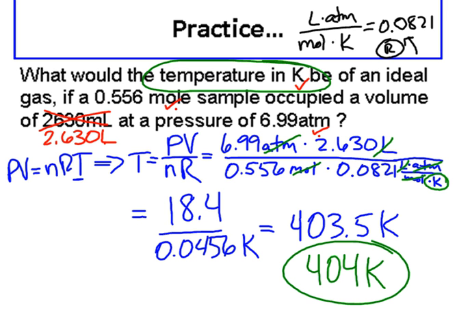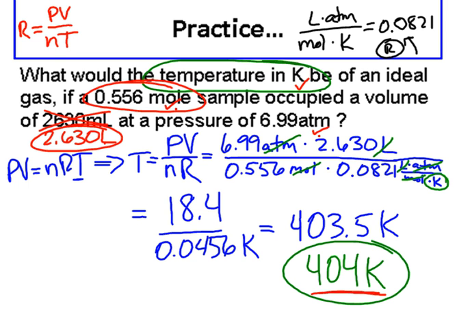Okay, now, the nice thing to do with any equation is go ahead and plug it back in. So you take this temperature right here, this 404, and then go ahead and plug it into R equals PV over nT, right? And go ahead and use this volume unit, use this n unit, use this T unit, and use this P unit.